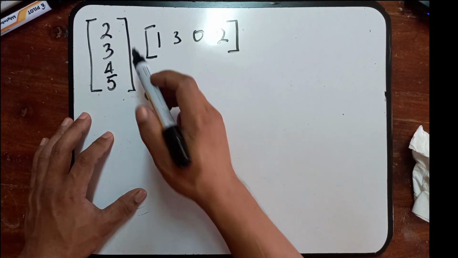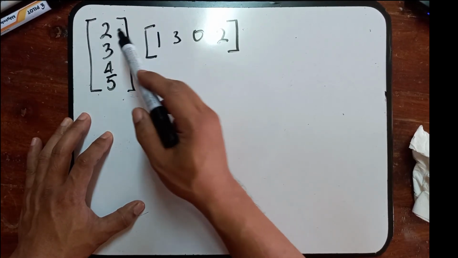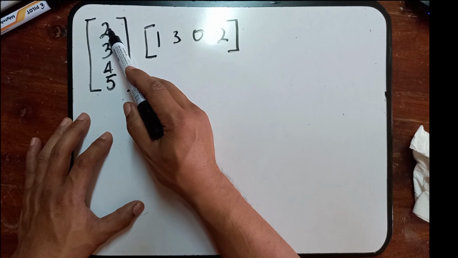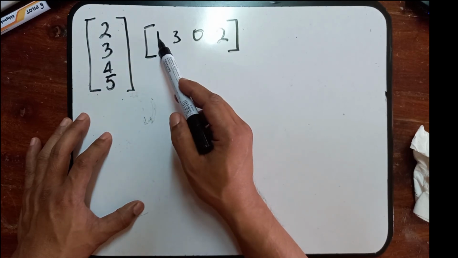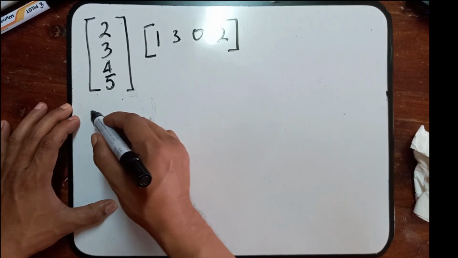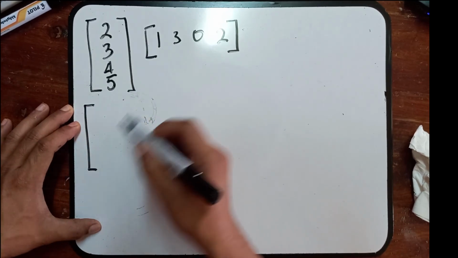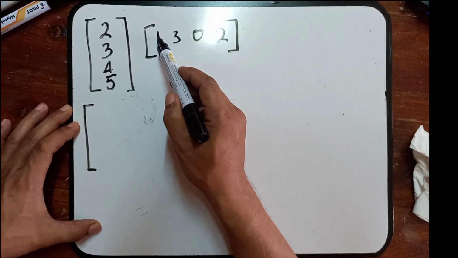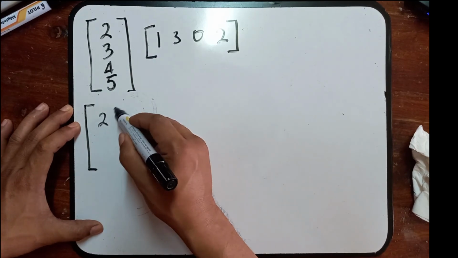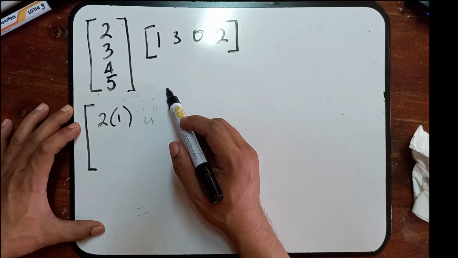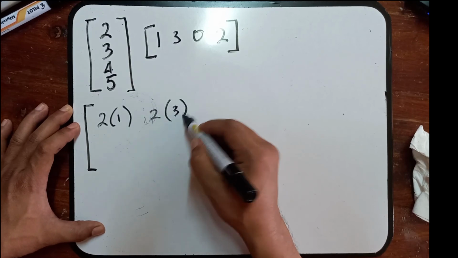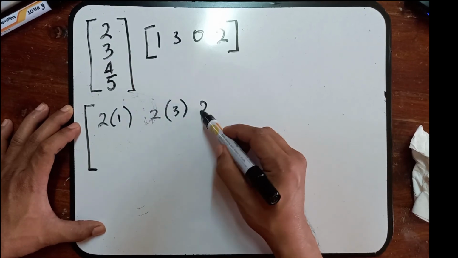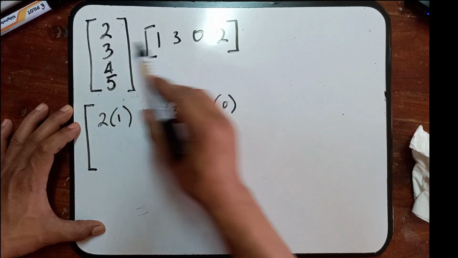Okay, so let's do this. Let's start with the first row of the first matrix, multiplying that to the first column of the second matrix. So the result of this would be 2 times 1, and then 2 times 3, and then 2 times 0, and then 2 times 2.